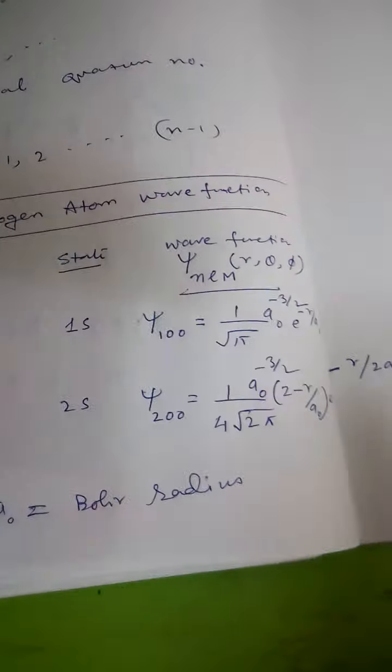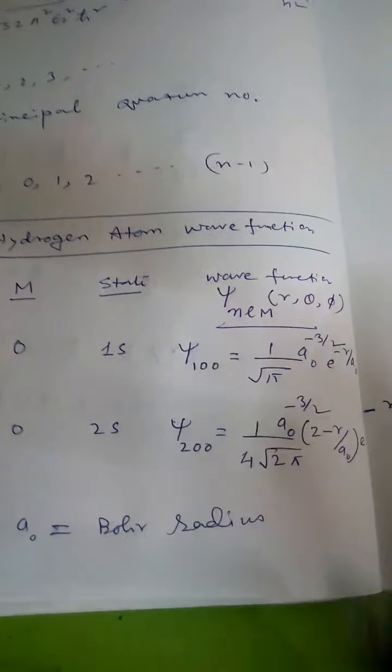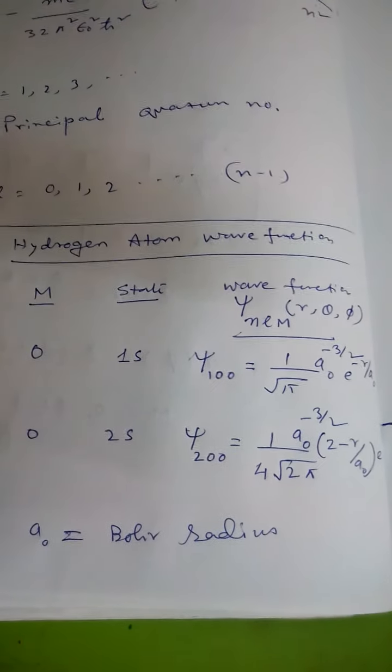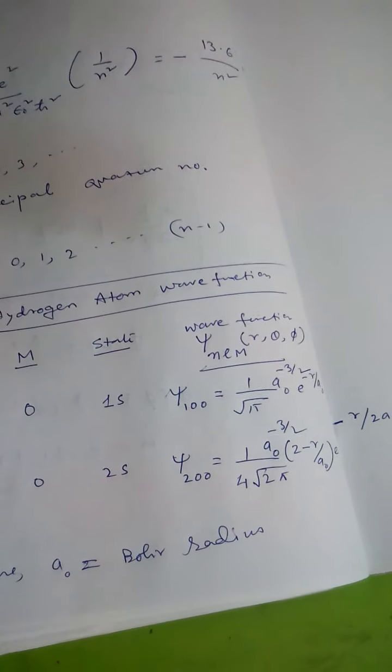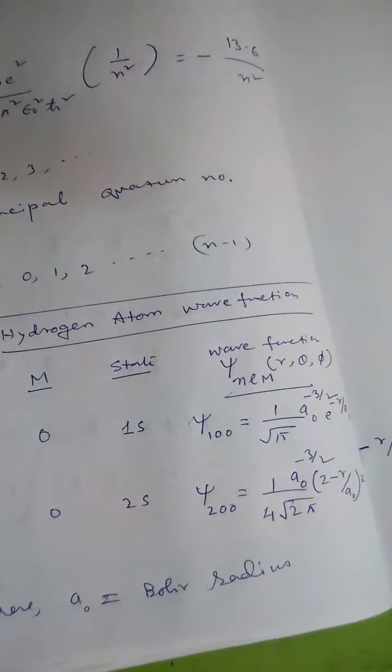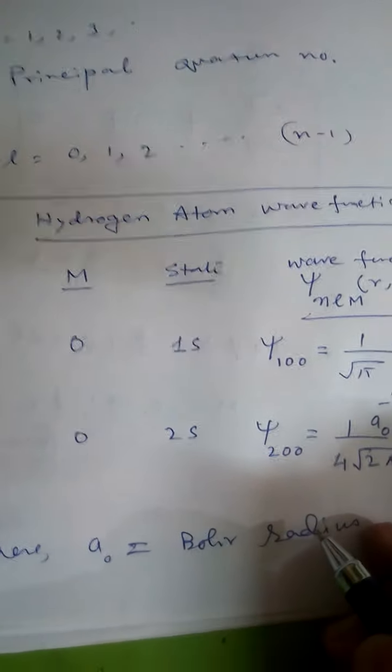This is the value of psi 200. In this way, you can calculate the other values of the wave function, that is for psi 210, for psi 211, etc. So here a naught is the Bohr radius.